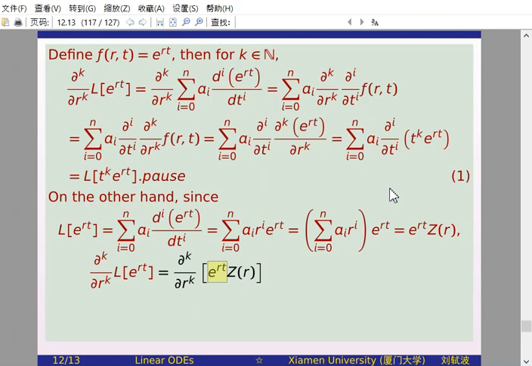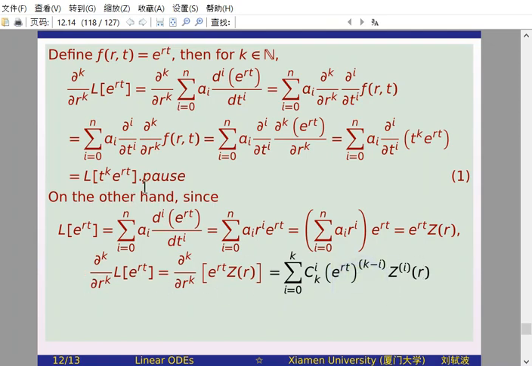To use the Leibniz law, this derivative is the sum over i from 0 to k, where this is the number of combinations k choose i, then the (k minus i)-th order derivative of e^{rt} multiplied by the i-th order derivative of Z(r). So we get this equality.